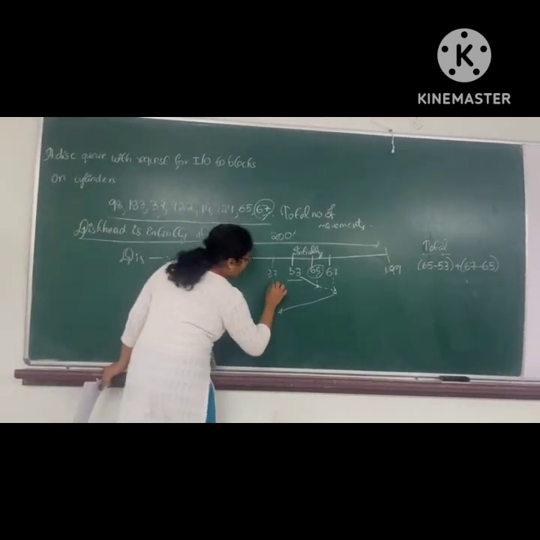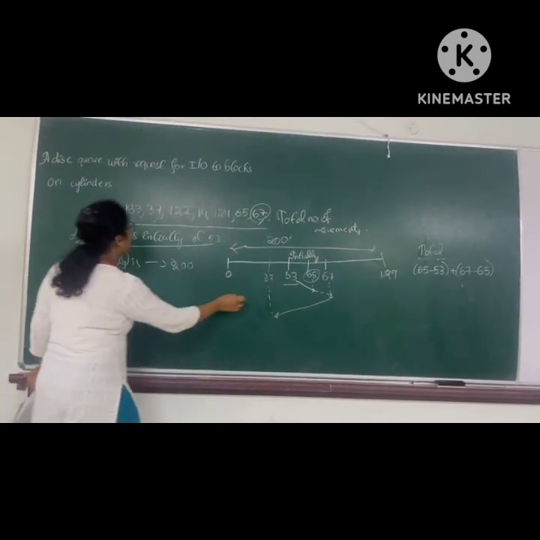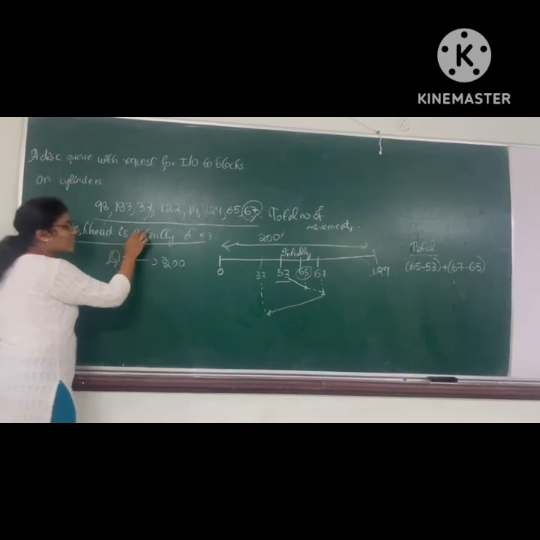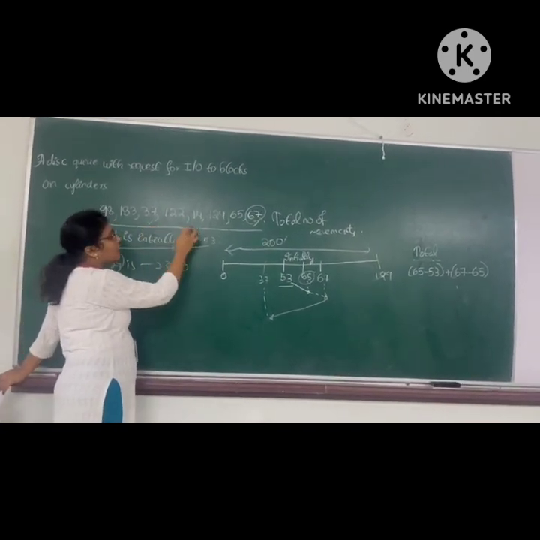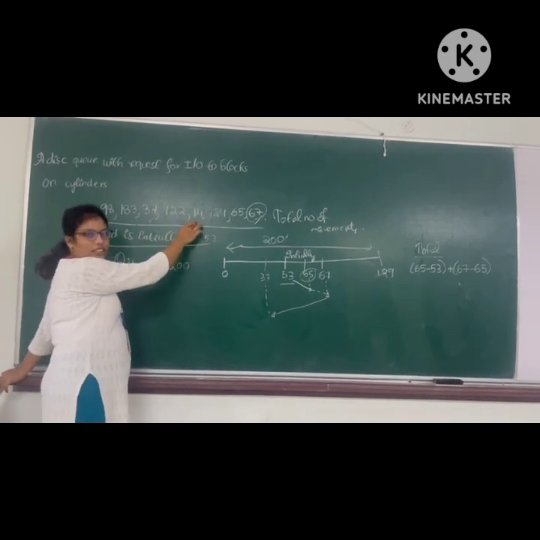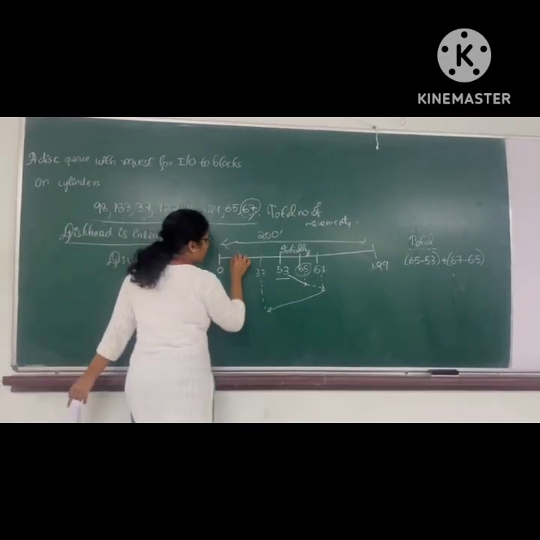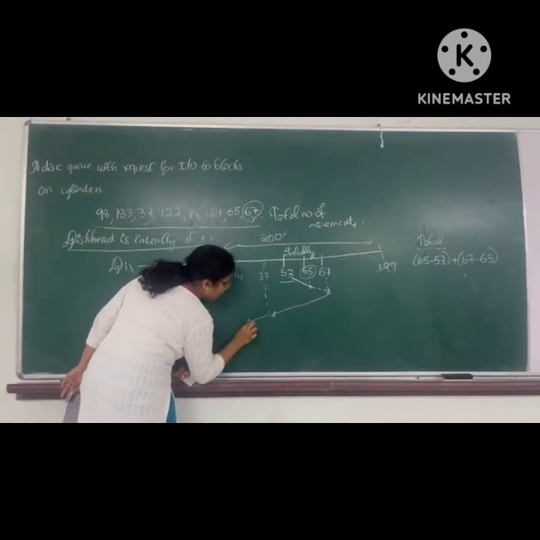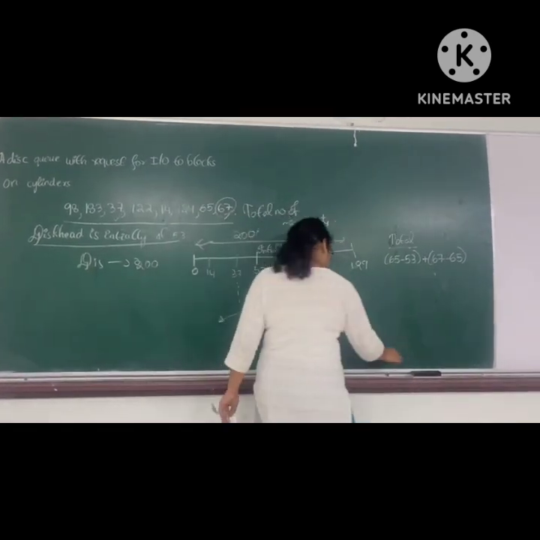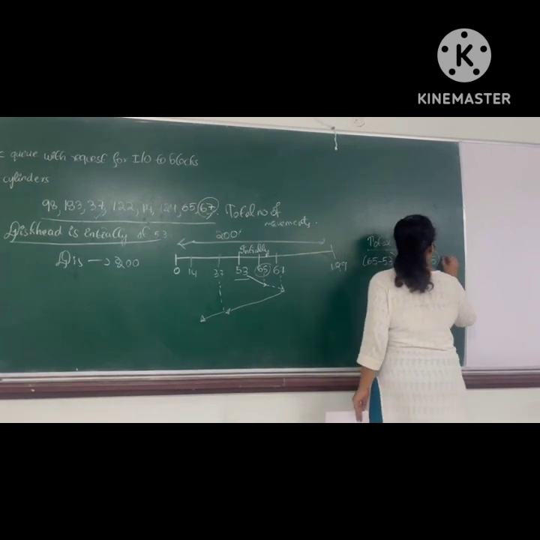And now the current head is at 37. From 37 we have to check what is nearer to 37. Here 14 is nearer to 37. At the same time we have to write these values also.